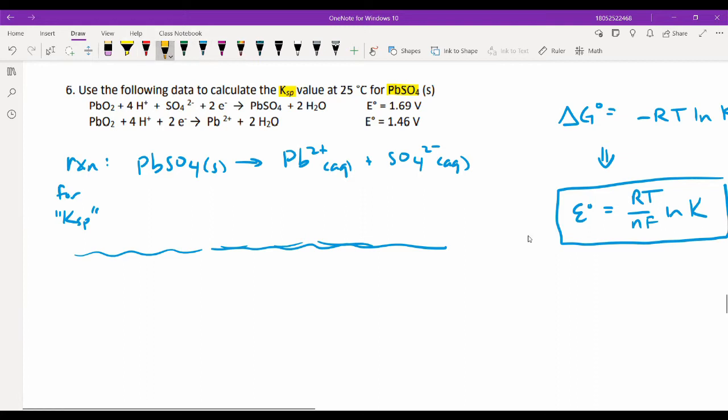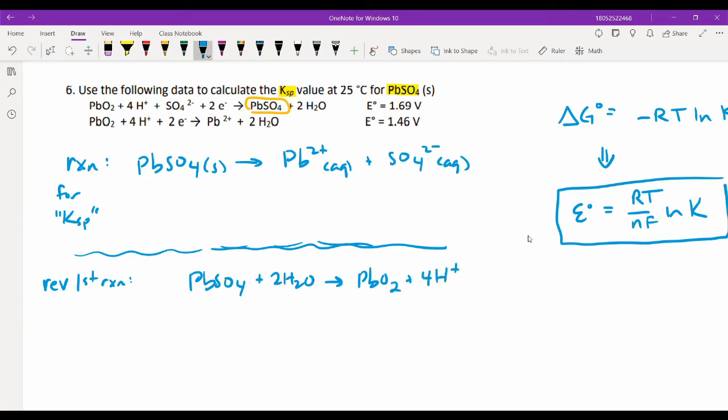the first one has lead sulfate as a product. So we're going to reverse the first half reaction. It will be PbSO4 plus 2H2O goes to PbO2 plus 4H+ plus SO4 2- plus 2 electrons.